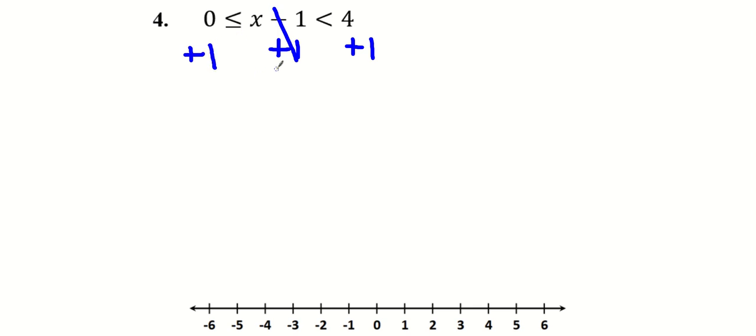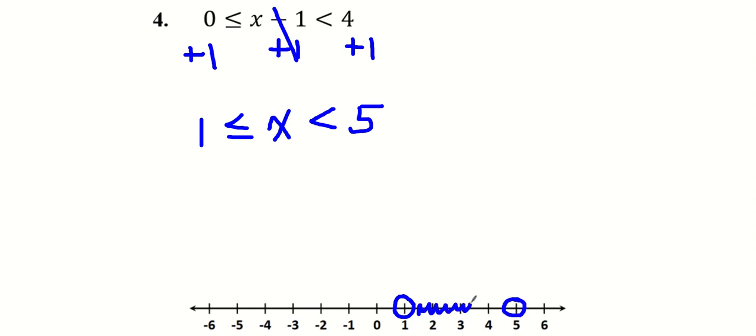So add 1 to everything. So x is here, the right side becomes 5, the left side becomes 1, and again, this just becomes everything that's in between 1 and 5, but also equal to 1.